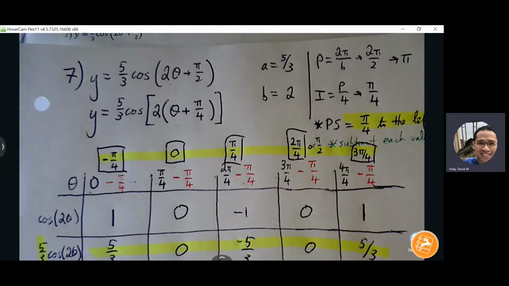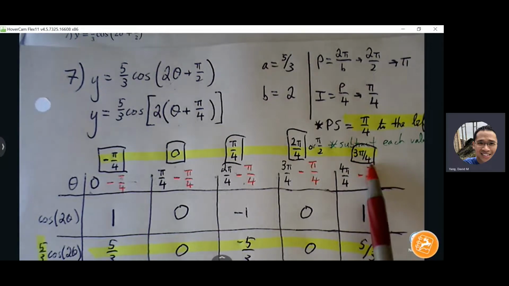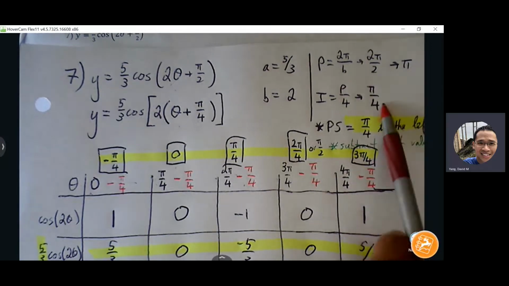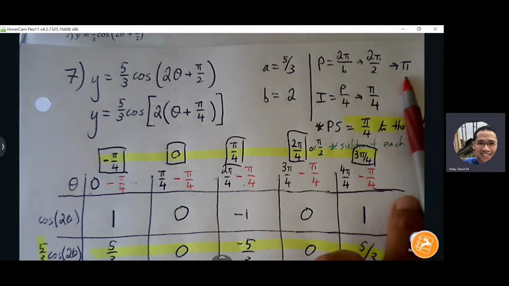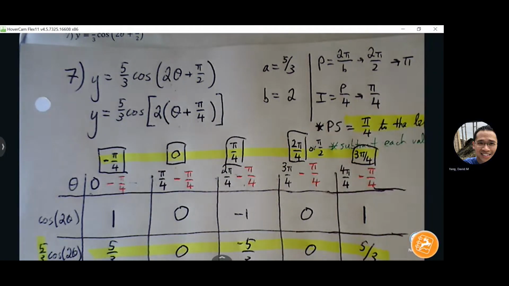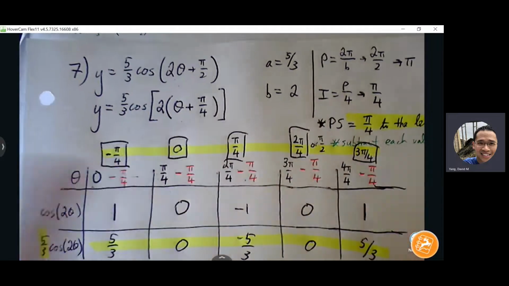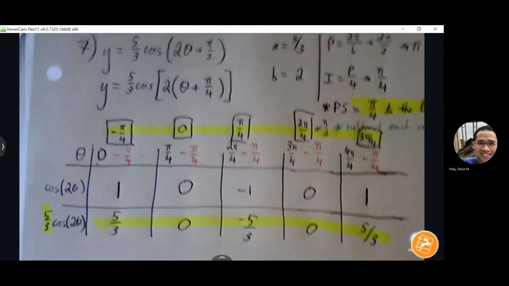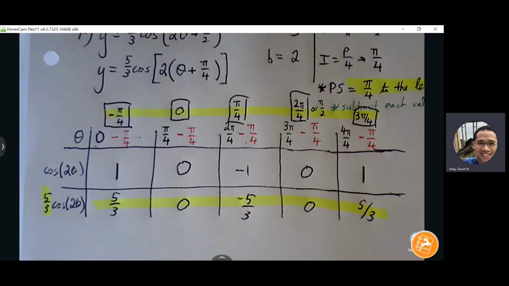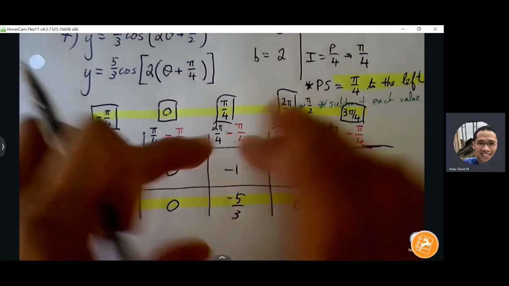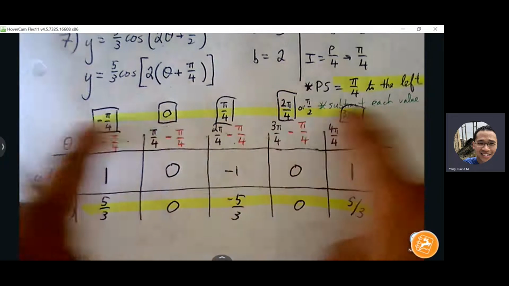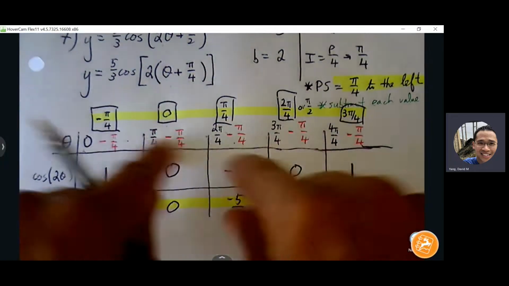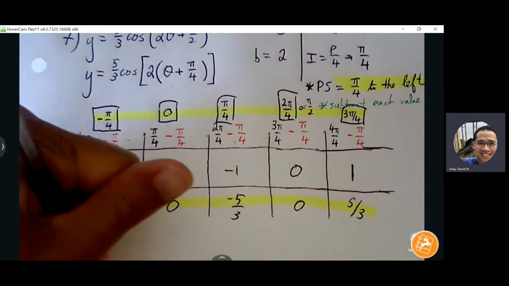But now, because of the shift, this last stop is no longer going to be that period length. But it's still the period from negative pi over 4 to 3 pi over 4. If we count that up, that distance is still pi. Okay, so we're just going to graph one cycle of this function. We're just going to pay attention to the x and the y. The middle ones we're no longer going to pay attention to.